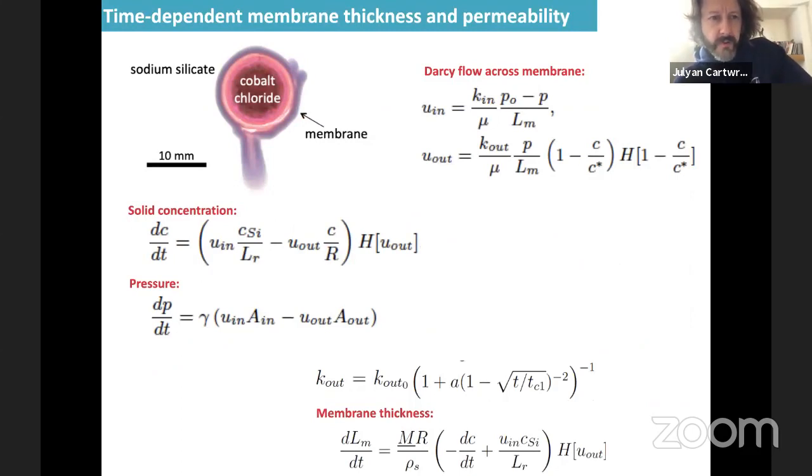So one can model this time-dependent membrane thickness, because this is a system in which the membrane is growing in time as the chemical reaction continues, and so one needs to derive a slightly modified system of equations to take that into account and to show the change in membrane thickness and permeability of the system.